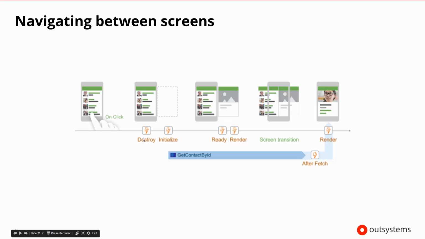So even while the destroy, the initialize, the onReady, and the beginning of the render occur, none of this is actually seen. The user is still seeing the old screen. Then once the onRender has occurred, the screen transition will occur so that they'll be able to see the screen, and once the request for the fetched data has returned, it will update and show all of that data as well.